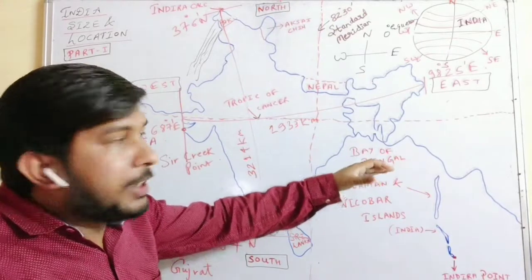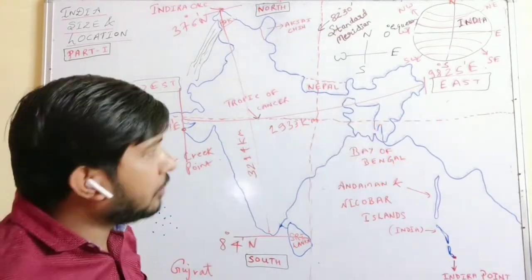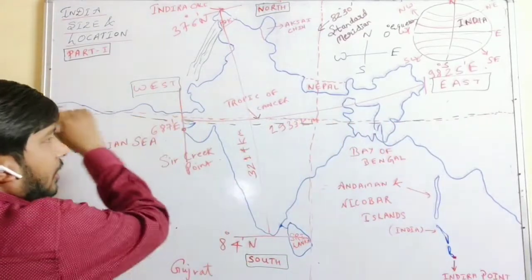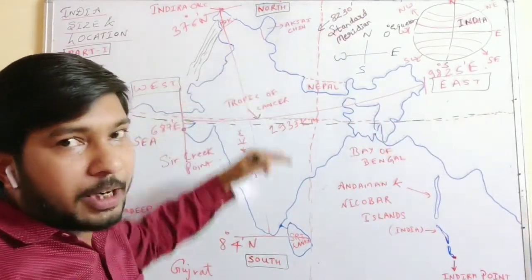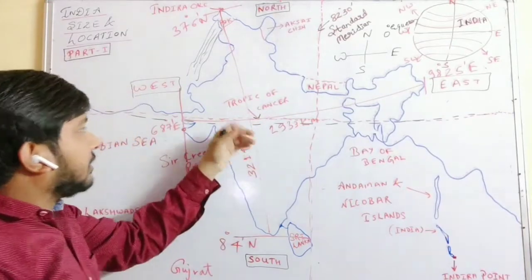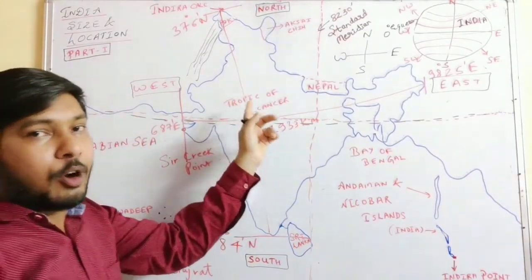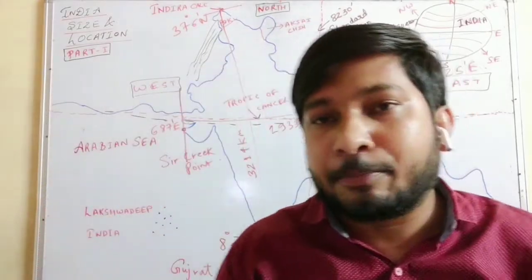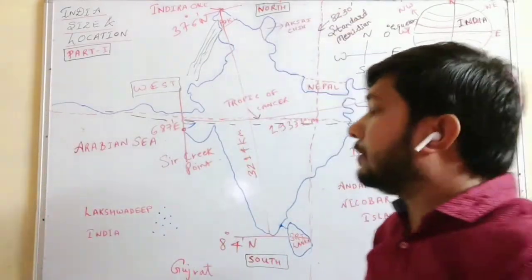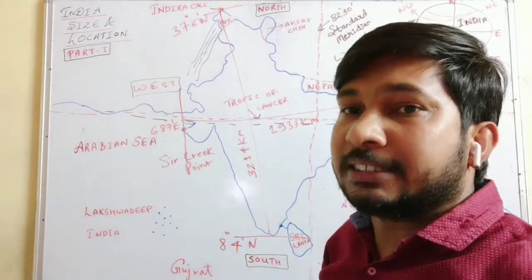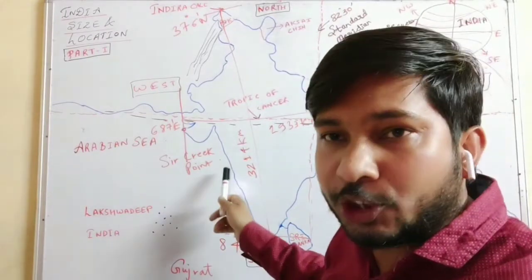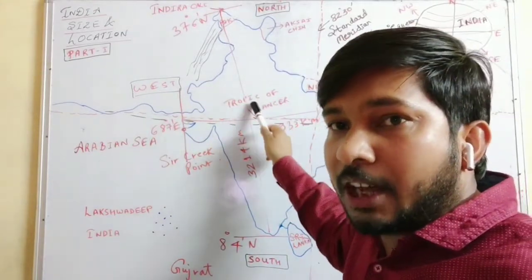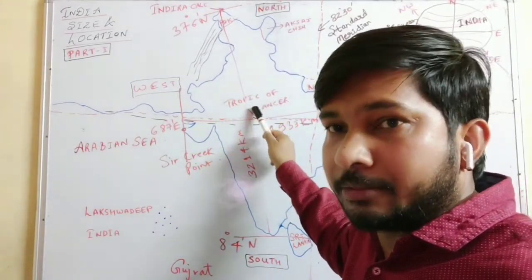Now, a very important line you can see drawn over here divides the country into two parts, the northern part and the southern part. This line is known as the Tropic of Cancer. This line plays an important role in deciding the seasons and climate of the nation, because it gives our country a tropical climate.